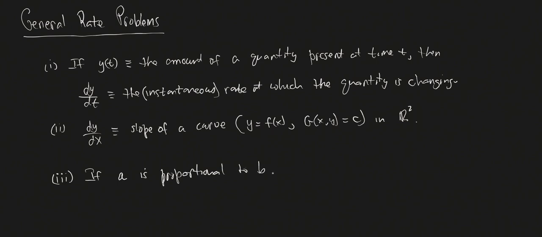So if, let's say, A is proportional to B, we write A, and we use this little symbol. It looks like an alpha. Technically, I think it probably is alpha or something close to alpha, but we write this symbol to mean is proportional to.